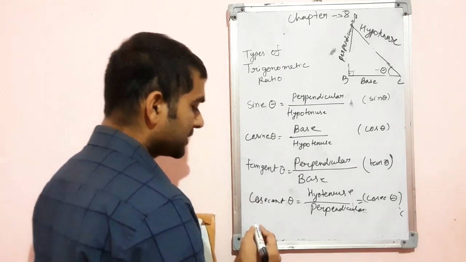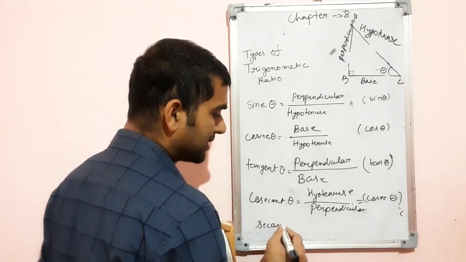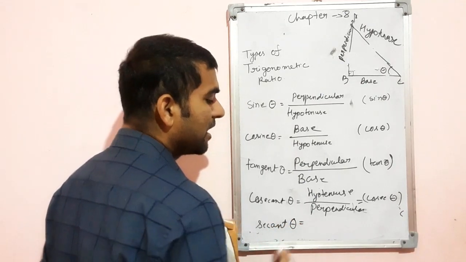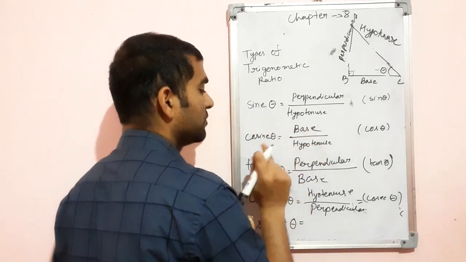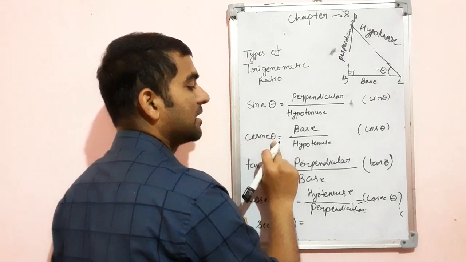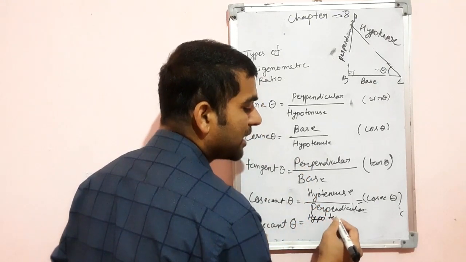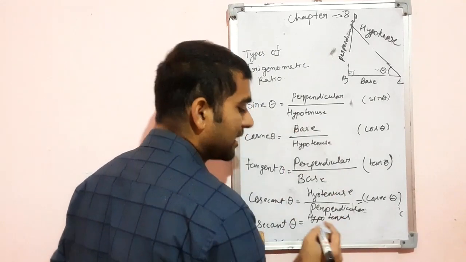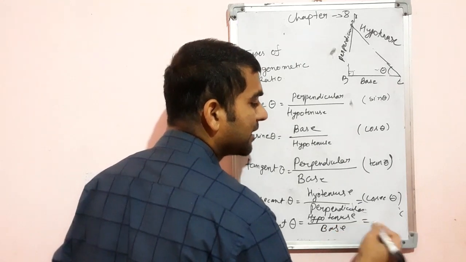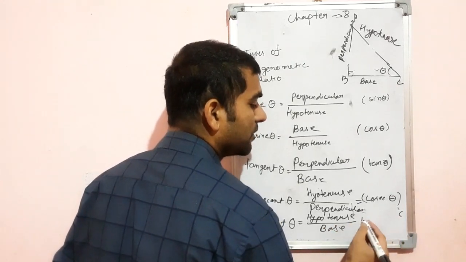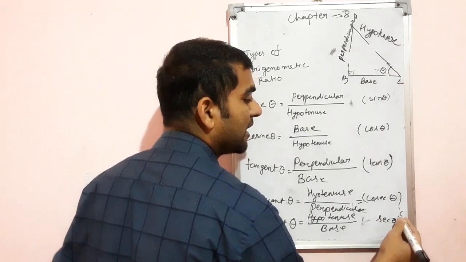Now the next one is secant, S-E-C-A-N-T. Secant theta is just the inverse of cosine, so it is hypotenuse by base, and in short we call it sec theta.